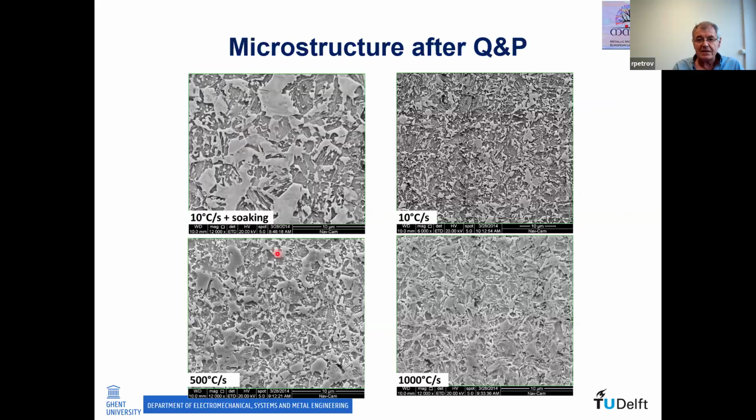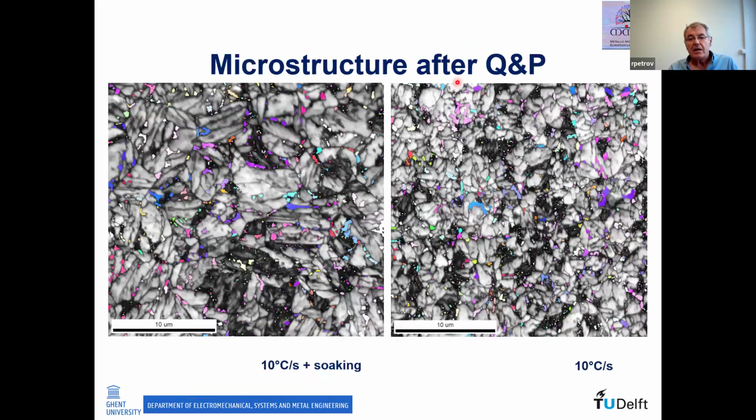And the results here are also very interesting. Looking only at the microstructure of QMP steel, you see that even without soaking, with 10 degrees per second, you can get pretty good grain refinement. In the other cases, it's not so well pronounced. And here is the distribution of the fresh martensite, and here you have the retained austenite.